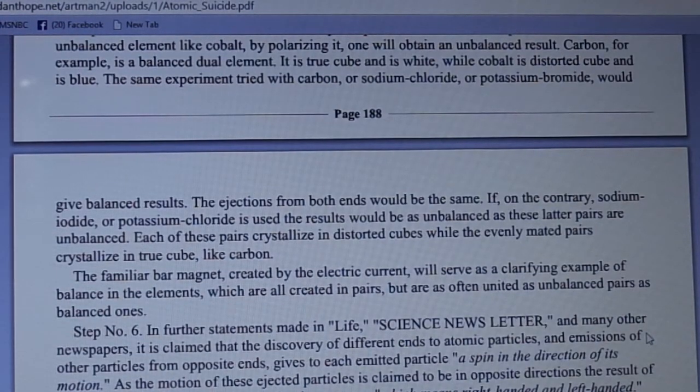The familiar bar magnet created by the electric current will serve as a clarifying example of balance in the elements, which are all created in pairs, but are as often united as unbalanced pairs as balanced ones.